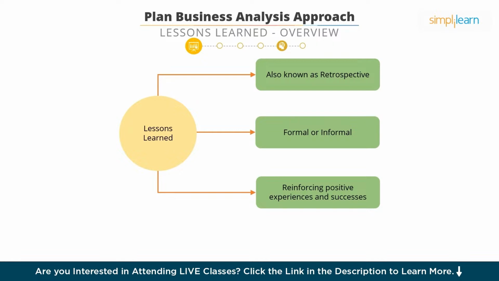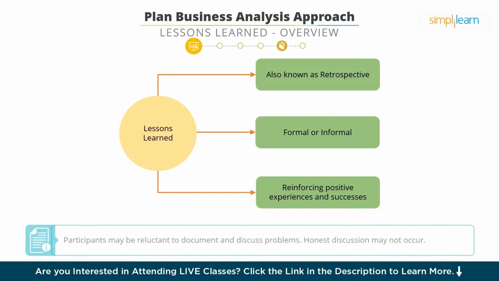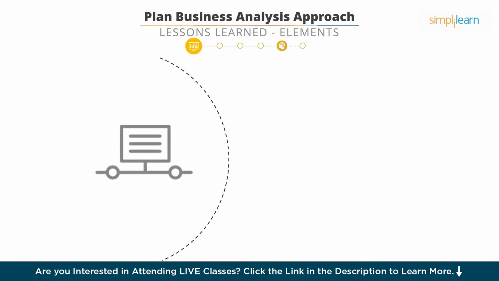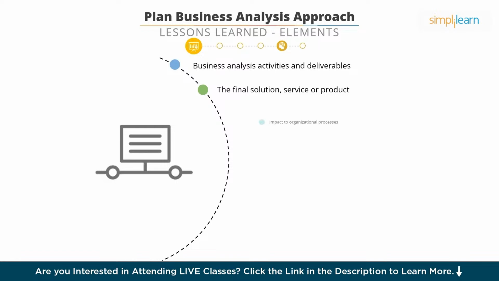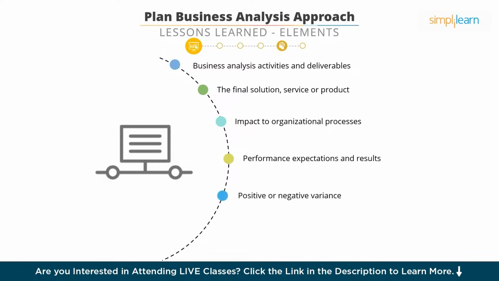There are certain limitations to this technique. Participants may be reluctant to document and discuss problems. Honest discussion may not occur if participants try to assign blame during the sessions. Lessons learned sessions may include review of business analysis activities and deliverables, the final solution, service or product, impact to organizational processes, performance expectations and results, positive or negative variance, root cause of results impacting performance, and recommendations for behavioral approaches.